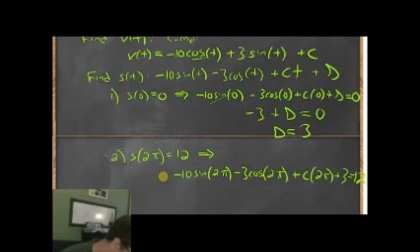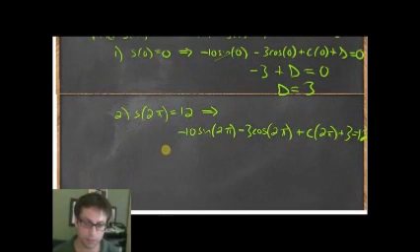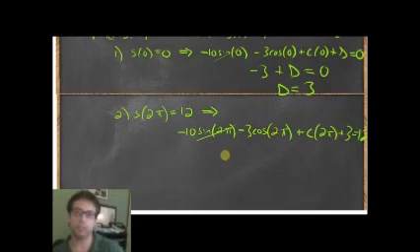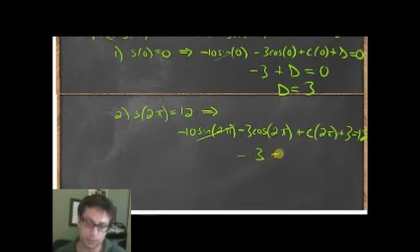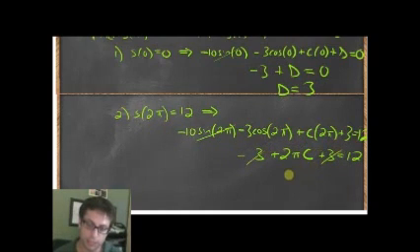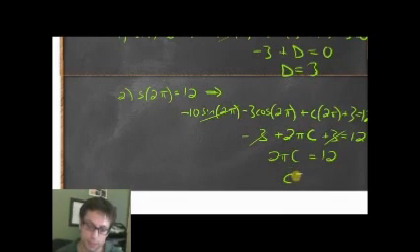Sine of 2 pi is 0, so that's gone. Cosine of 2 pi is 1, so we get negative 3 plus 2 pi C plus 3 is 12. The 3's cancel, so 2 pi C equals 12. When we solve for C, we get 12 over 2 pi, which is 6 over pi.